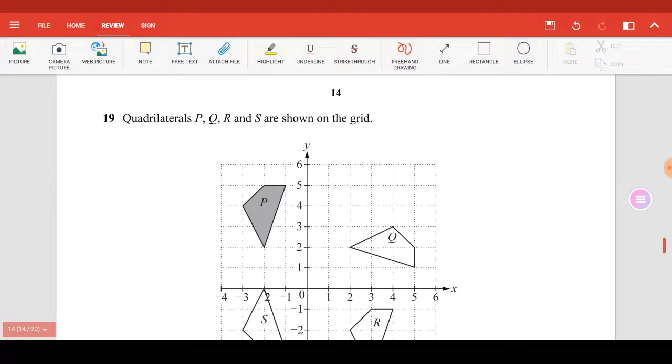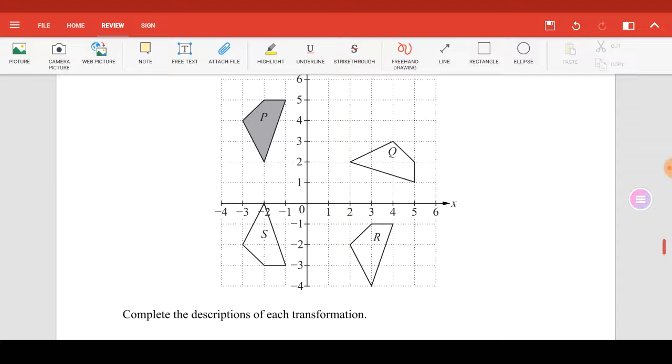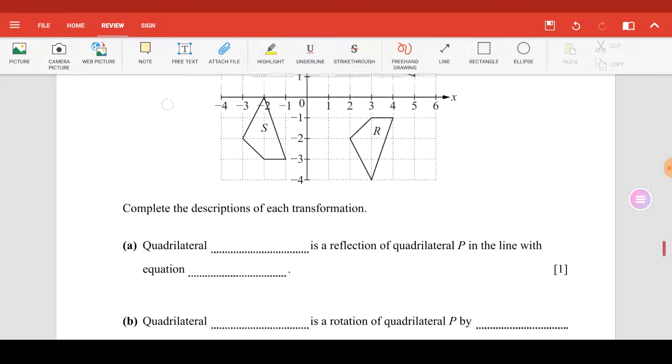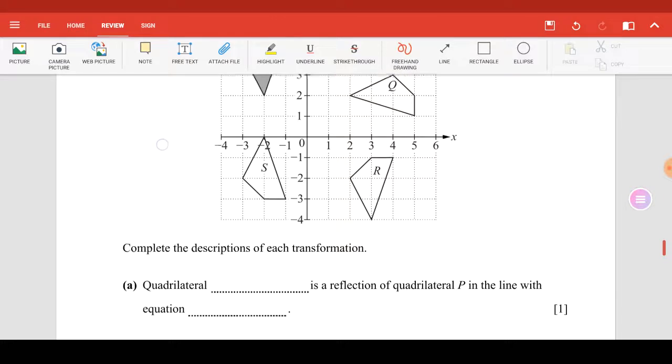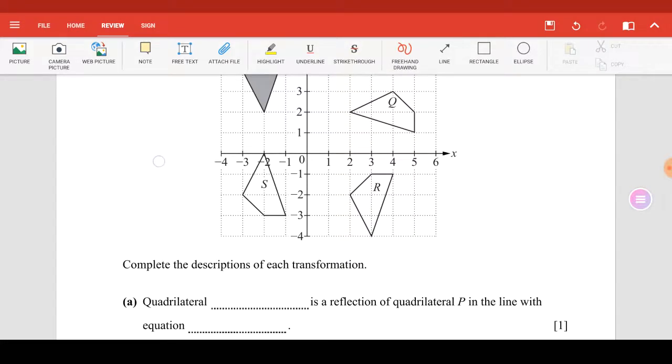The quadrilaterals P, Q, R, and S are shown in the grid. Complete the description of each transformation. Which quadrilateral is a reflection of quadrilateral P in the line with equation?